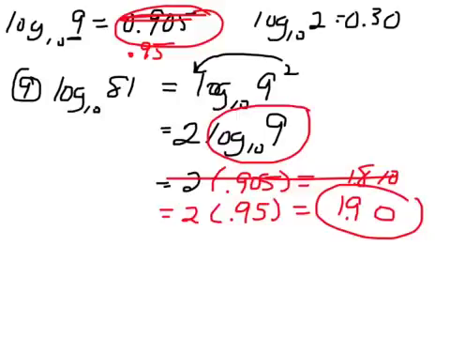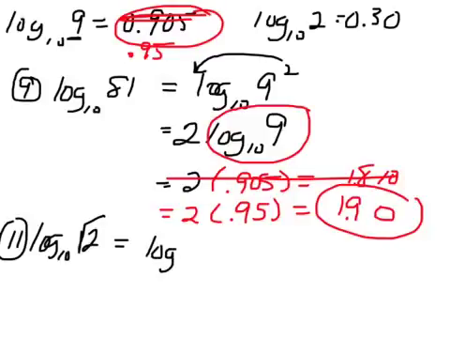Let's try another one. Let's look at number 11. Log base 10 of the square root of 2. Okay, well that one's not so hard because we could write that as log base 10 of 2 to the 1/2 power, because the square root of 2 is the same as 2 to the 1/2 power.